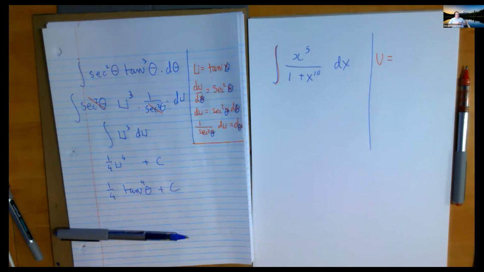So the u sub would be 1 plus x to the 10. If this was yesterday, it probably would have worked. But it's today, and we are looking at special cases. And would you agree that 1 plus x to the 10 doesn't work with this question?